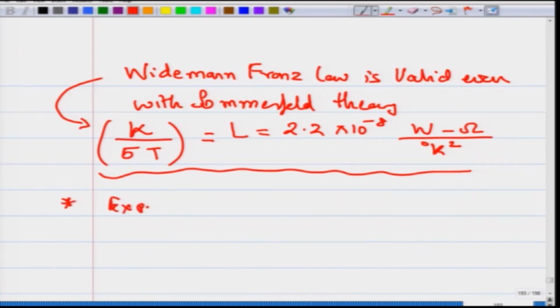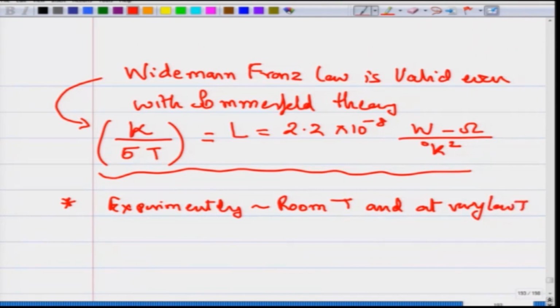Experimentally, it is found that if you take the ratio of thermal conductivity divided by the electrical conductivity into the temperature, it is constant and it works beautifully at room temperature and at very low temperature.